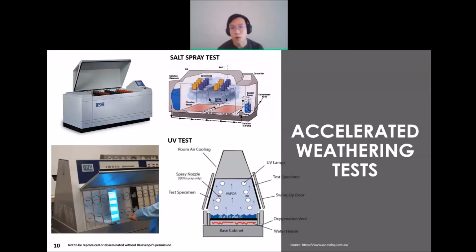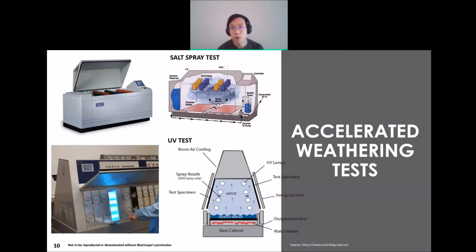The salt spray test is basically to induce corrosion of a product, and UV is to weather off the paint surface to simulate sun exposure, because as I mentioned in previous webinars, the sun emits different kinds of rays and energy, from infrared to visible light to UV. The UV is the one that causes the most damage to paint layers, so that's why it is used to simulate such a weathering effect.